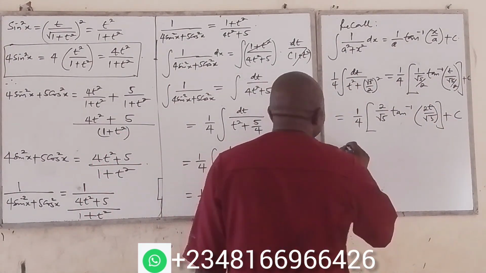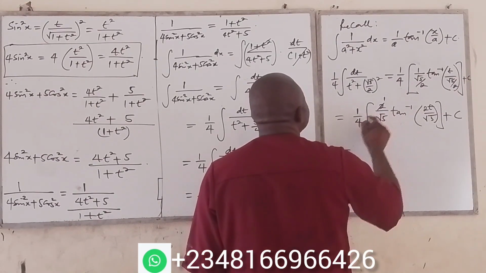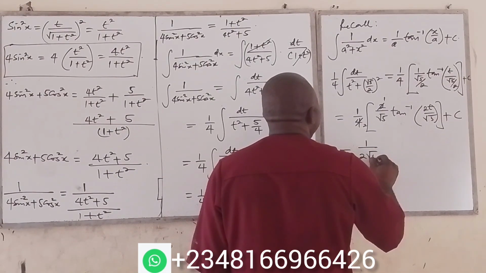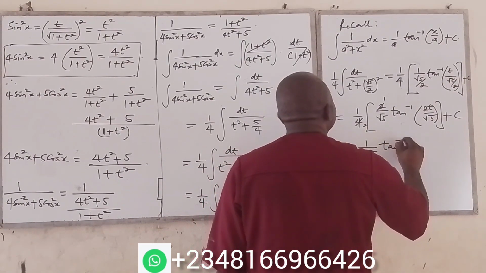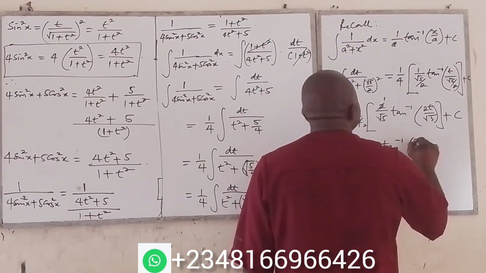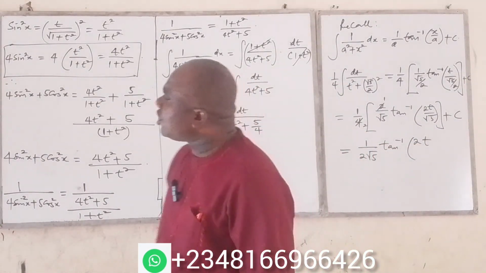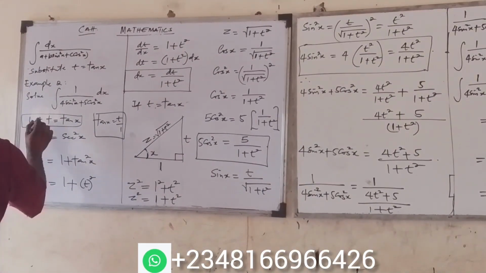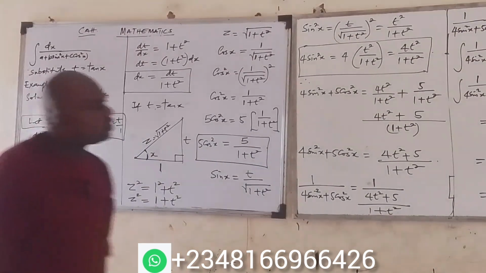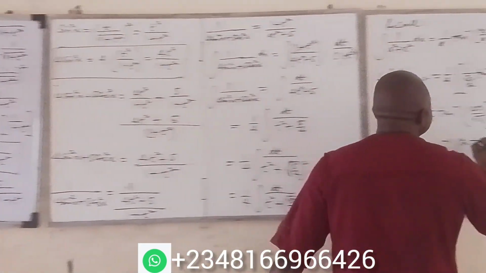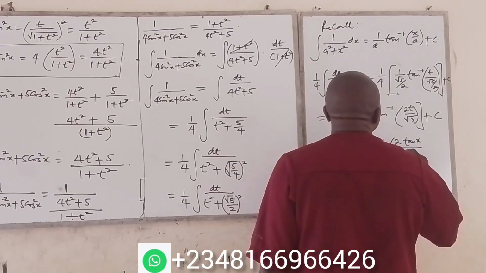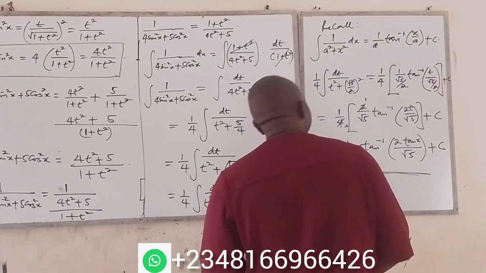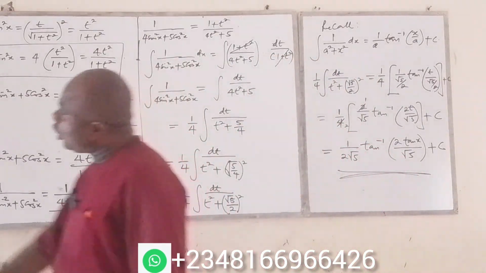It means the whole of this now will be equal to 1 all over 2 root 5, then we have tan inverse of 2t all over root 5. Remember we said let t be equal to tan x. So if t is equal to tan x, here we have 2 tan x all over root 5, then plus constant. So this is the solution to this problem.